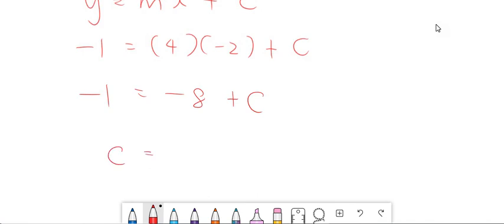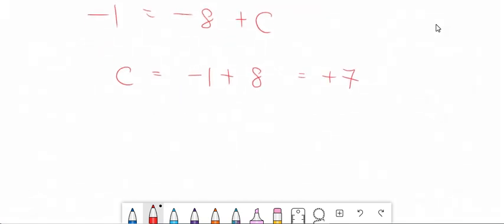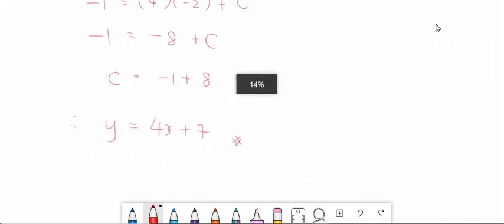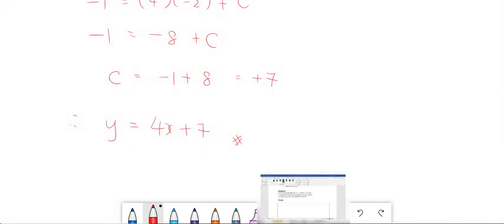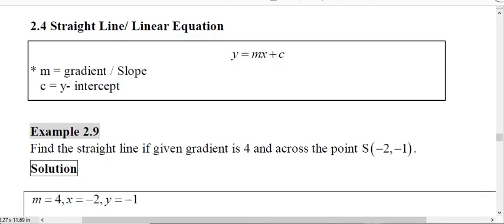So your c will be -1 plus 8, you have positive 7. Okay, so don't stop your answer in this case. Rewrite back. Your m is 4, just now, right? Then plus 7. So that's the answer for this question.